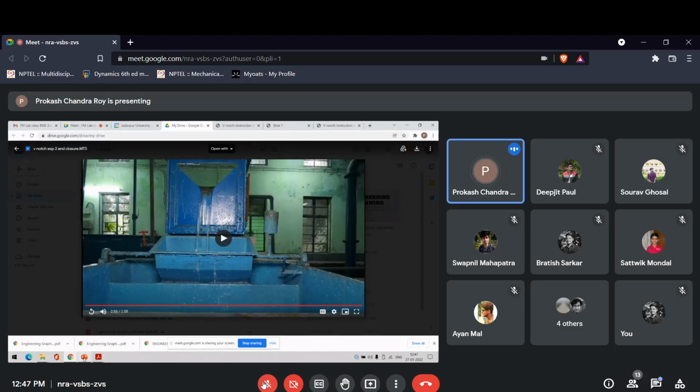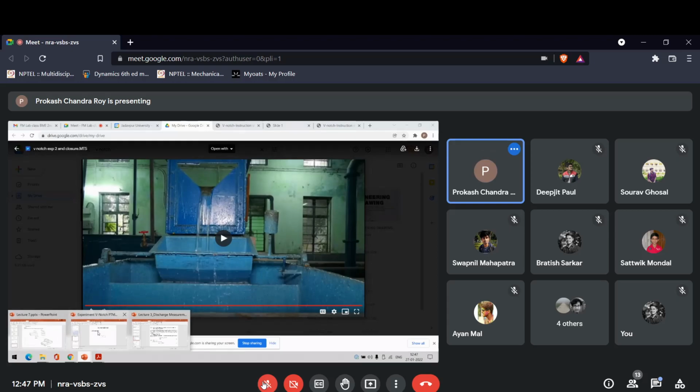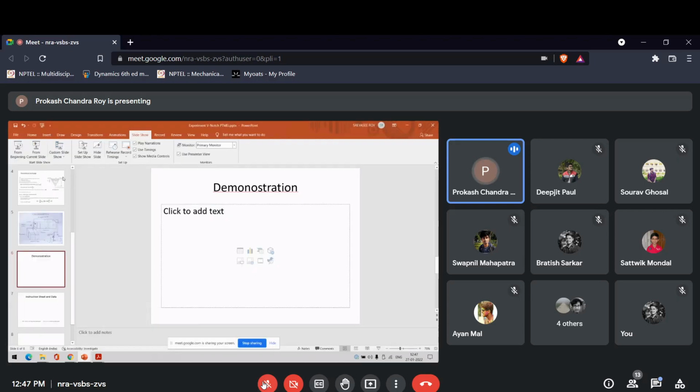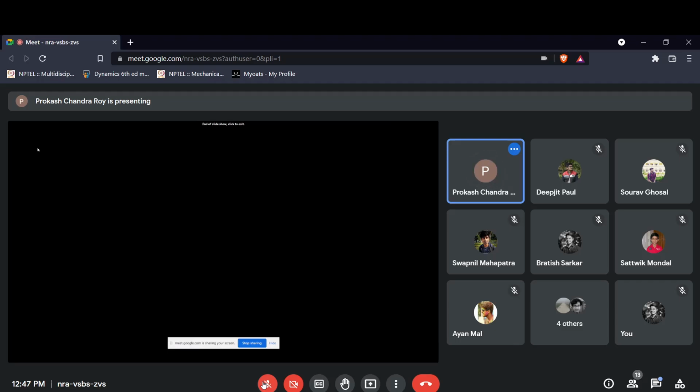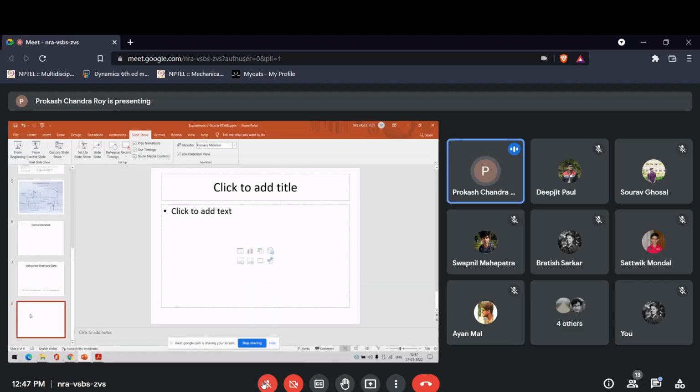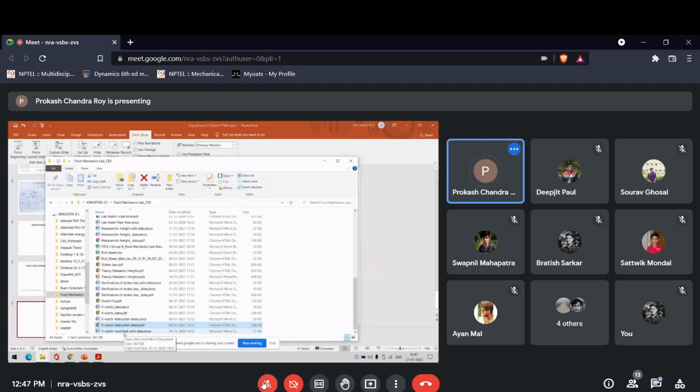So now come to the demonstration. Then I have shown the instruction sheet, and now finally I show the data sheet of the entire PNOS data.